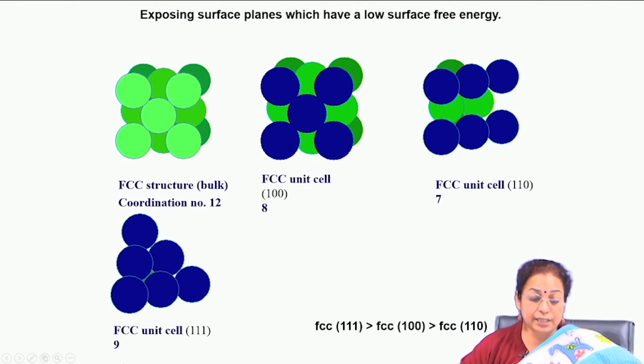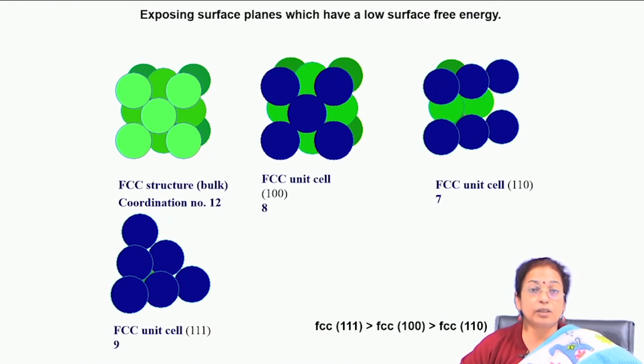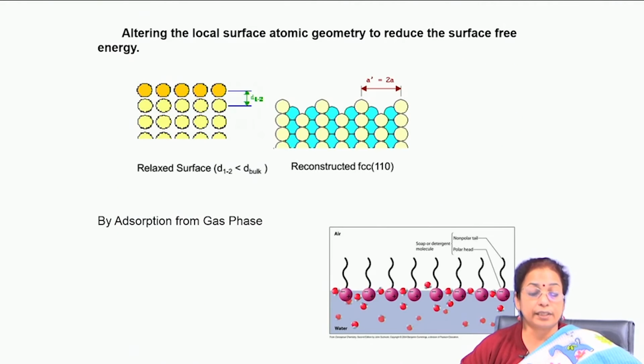So, you can say that this particular plane is the most favorable in terms of minimum free energy. So, you can understand that depending on the plane along which the surface is created, the surface energy will vary.